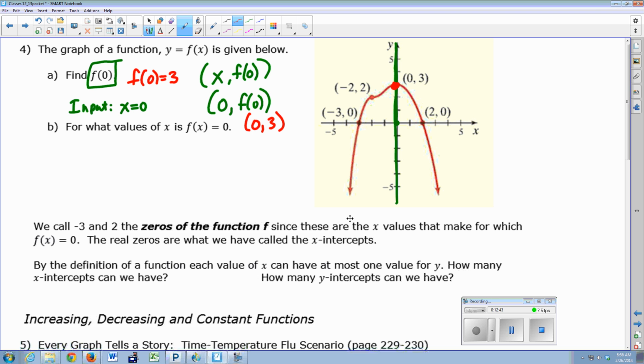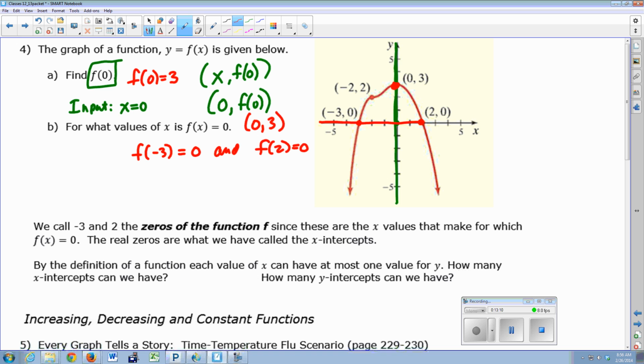So now you go along your x-axis, you draw a horizontal line, right? And when you bump into the graph, that's your first x value that gives you your function value of 0. So f of negative 3 is going to equal 0. And if I continue along, right there I bump into it again, f of 2 is going to equal 0.